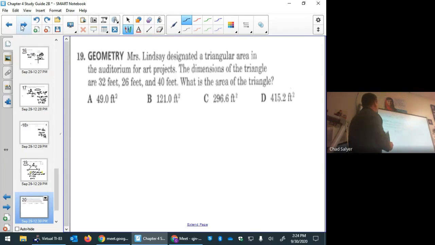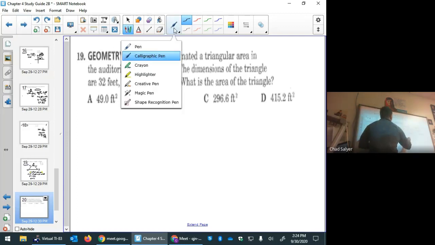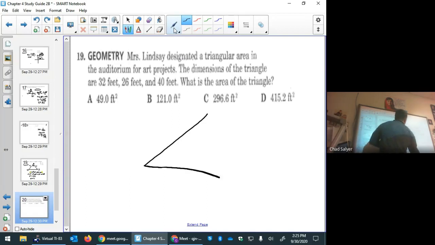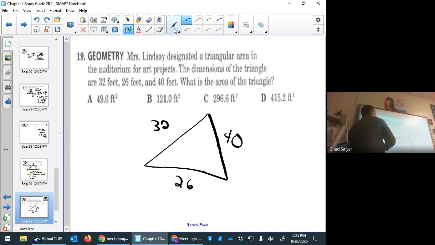All right, 19. Mrs. Lindsay designated a triangular area in the auditorium for art projects. The dimensions of the triangle are as follows. So we got 32 feet, 26 feet, and 40 feet. Not to scale. What is the area of this triangle?